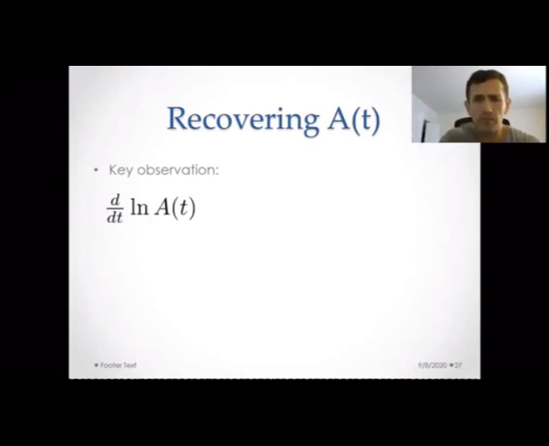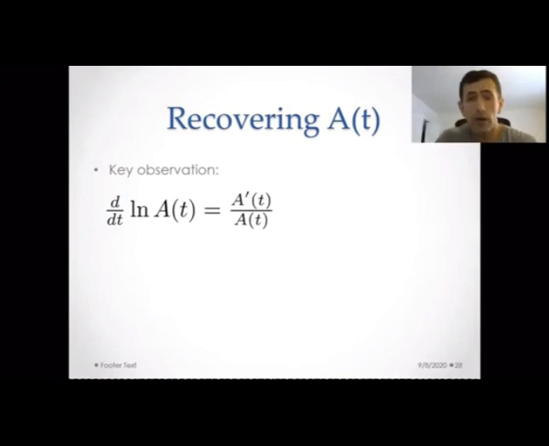Right? And because this is so generic, I think it's very worthwhile to understand where this is coming from. So the key observation is if we take the derivative of ln of A of t, we use the chain rule. It's the derivative of the outside with the inside plugged in. The derivative of ln is 1 over. Plug in A of t into 1 over.